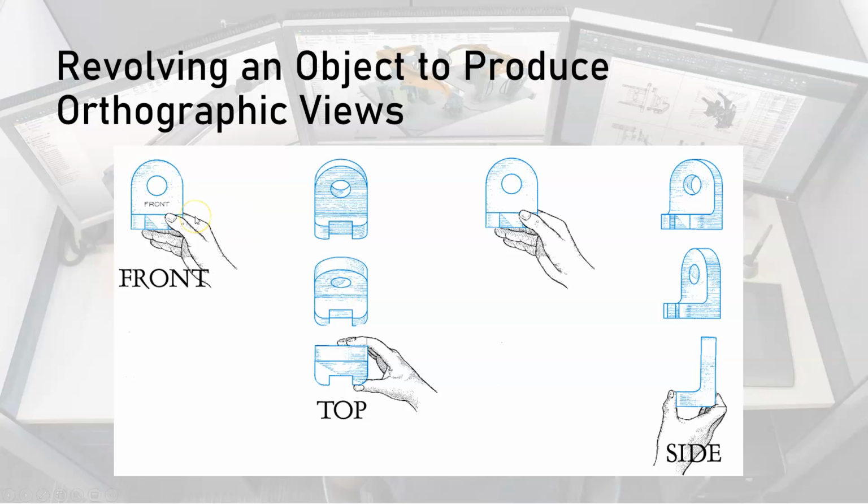So this is how the different sides of the object are created or viewed. We just rotate the object in our mind to create the front, top, and right side view. And we could also do the same for a left view, a bottom view, or a back view.